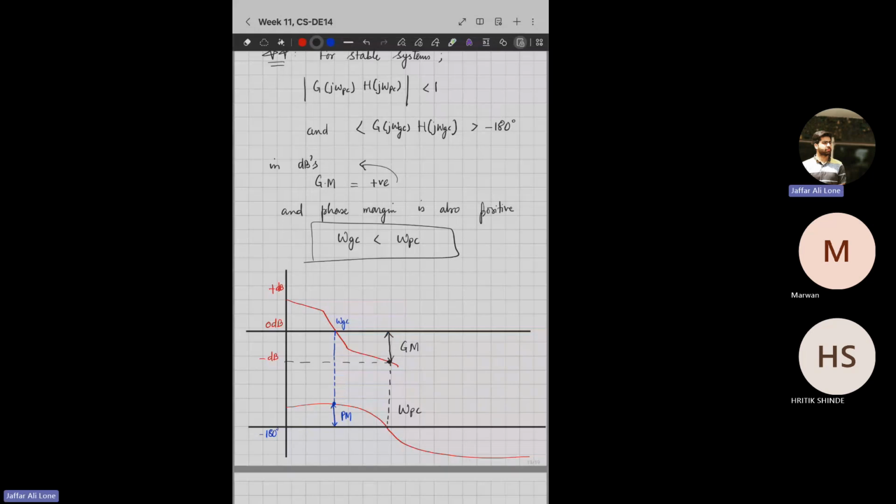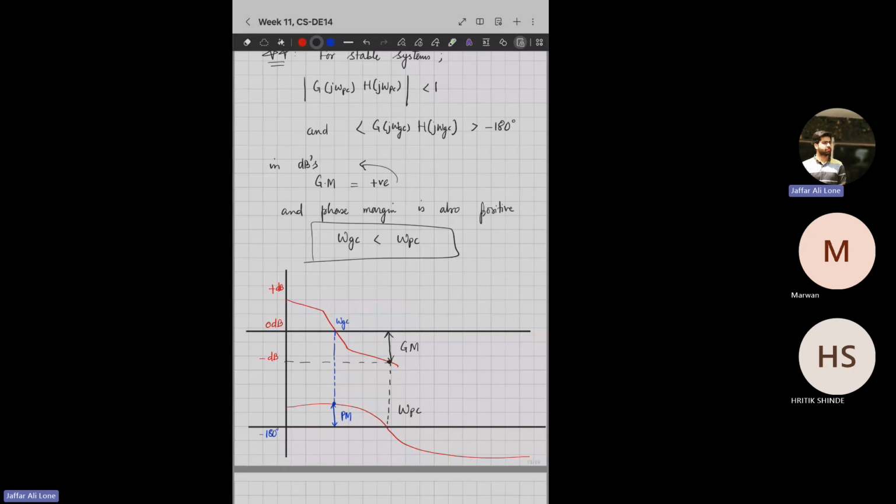This gain margin is the amount of gain required to make this system marginally stable. When my system is marginally stable, then my gain margin and phase margin both are equal to 0. And in that case, my omega GC is equal to omega PC.